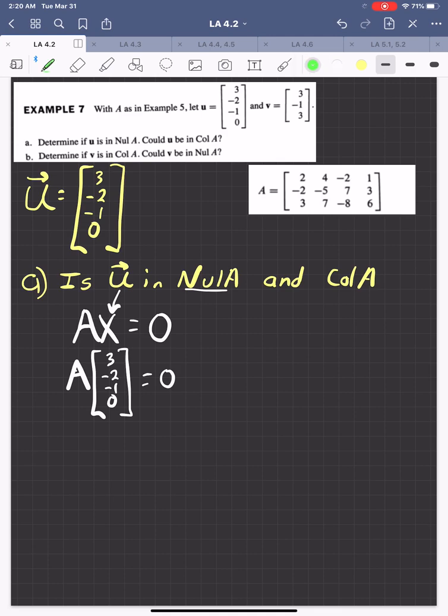So this is the question. All you're going to do is take matrix A, multiply it by this given vector, and see what happens. So I'll do that for you. If you were to take matrix A and multiply it by vector u, here's what you would get.